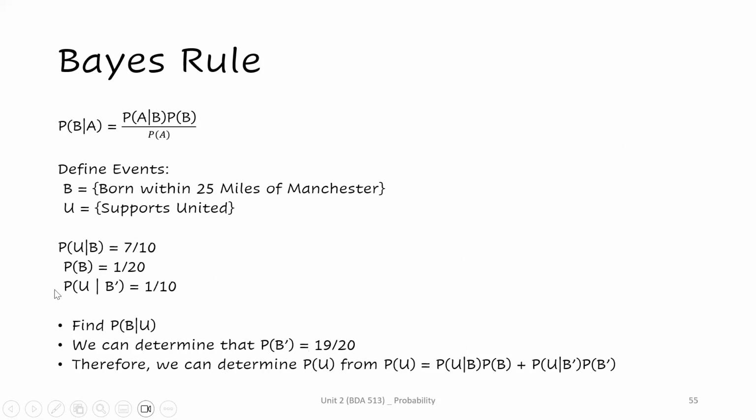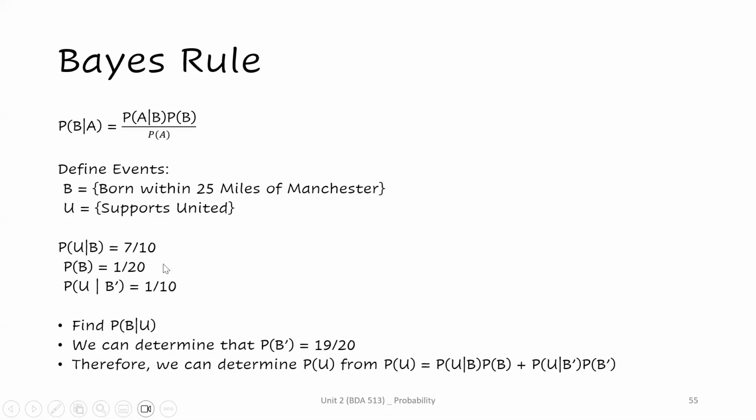So the probability of supporting United, given B prime, or B complement, is 1/10. The first one, born within 25 miles of Manchester, is 1/20, and the second one, supports United but not born within 25 miles, is 1/10.